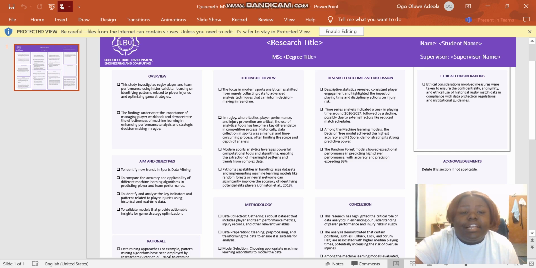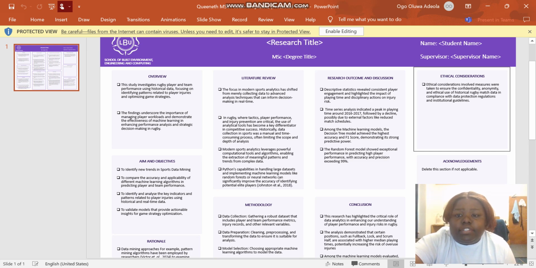These models are then evaluated using the precision, accuracy, recall, and F1 score. The results from these models would help me determine the best strategies for optimizing game performance, providing actionable insights that can then be applied into real-time game scenarios.